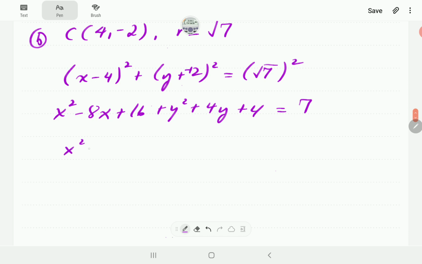So it's going to be x squared plus y squared minus 8x plus 4y. 16 plus 4 is 20 minus 7, so that's going to give us 13.